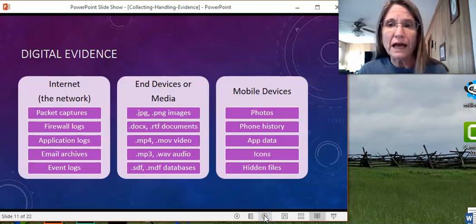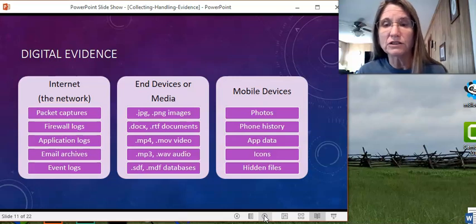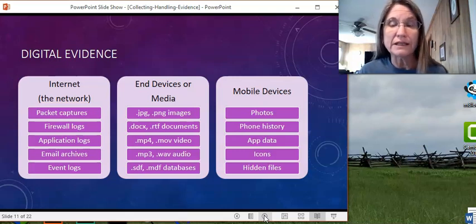So those three categories that I just mentioned, the network, end devices or standalone media, and mobile devices, each have some example entities, and you can see that in this chart.